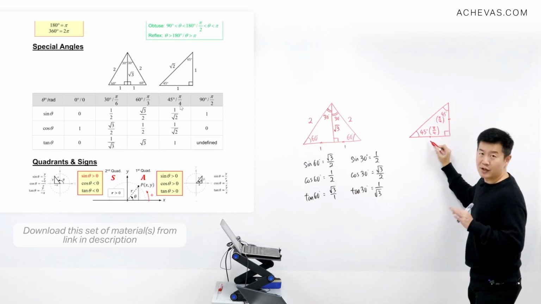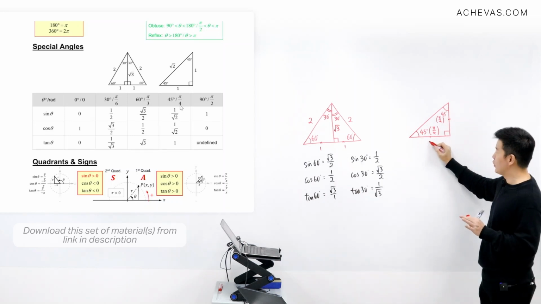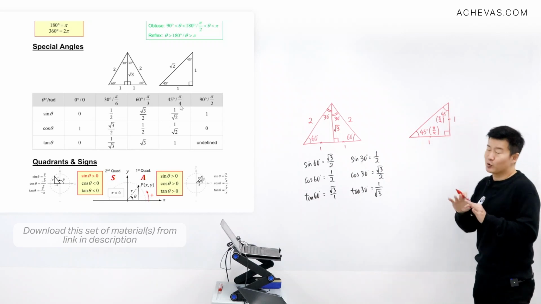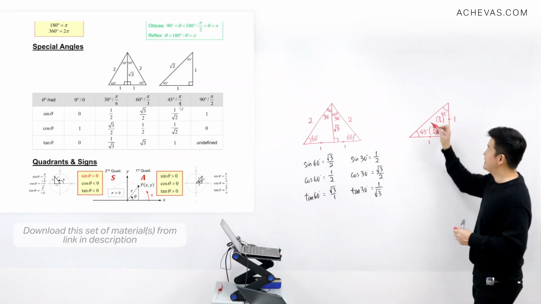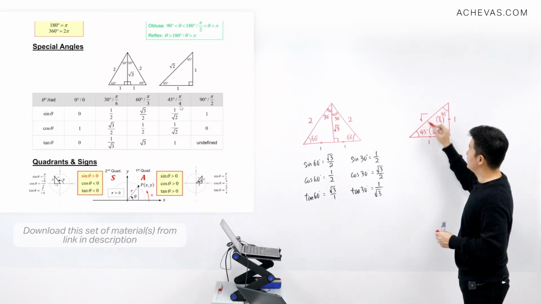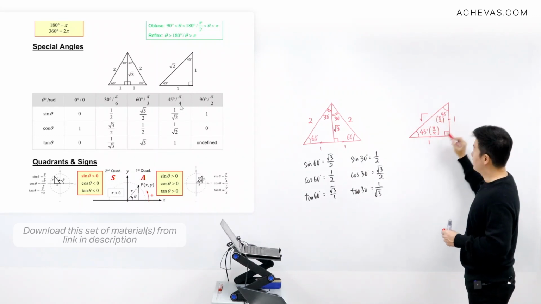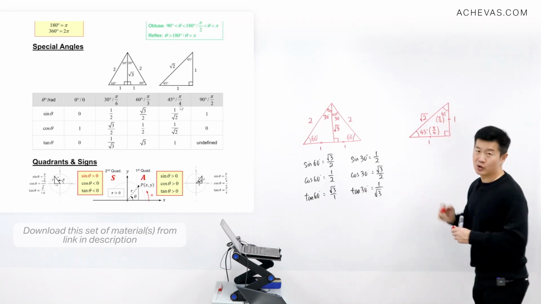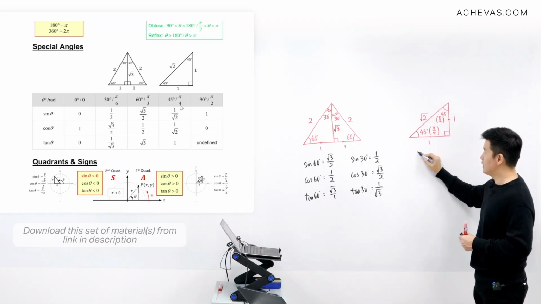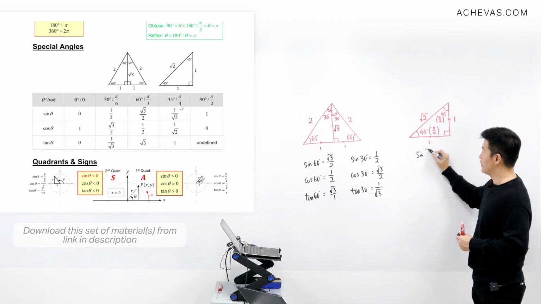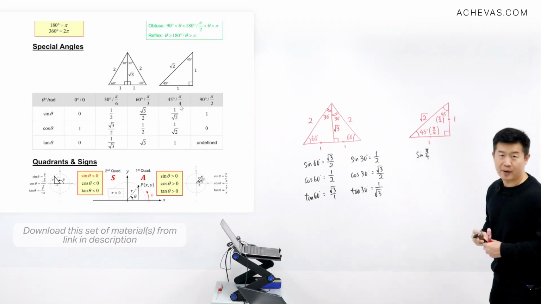And I'm going to go for a nice integer number for this side and this side. I'm going to go for the smallest possible one. I'm going to go for 1, 1. Which means that if I were to apply the Pythagoras theorem, this is going to be square root of 1 square plus 1 square, it is going to be square root of 2. So based on this, we can then find out sine of 45 degrees or sine of pi over 4.